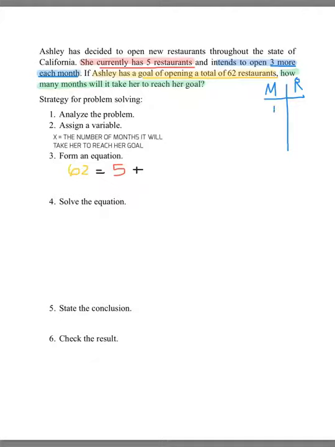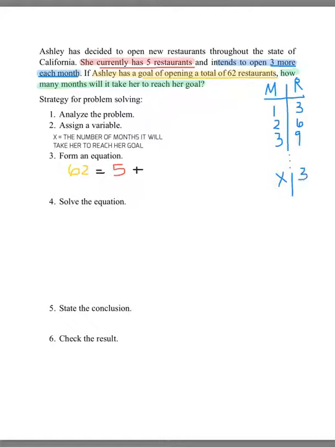So in 1 month, she will open up 3 new restaurants. In 2 months, she will open up 6 restaurants. And in 3 months, she will have a total of 9 new restaurants. So if we keep on going with this pattern, in x number of months, she is going to have, the pattern here is everything's being multiplied by 3.